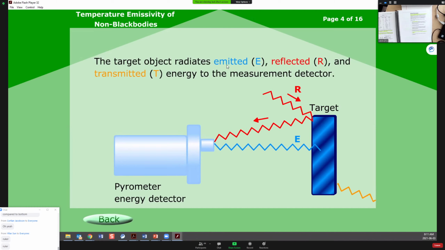The target object radiates. That's the radiation energy. That's the reflected energy and the transmitted energy. They can all go into the detector.